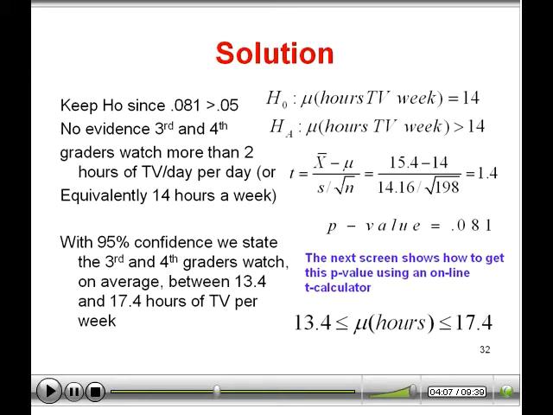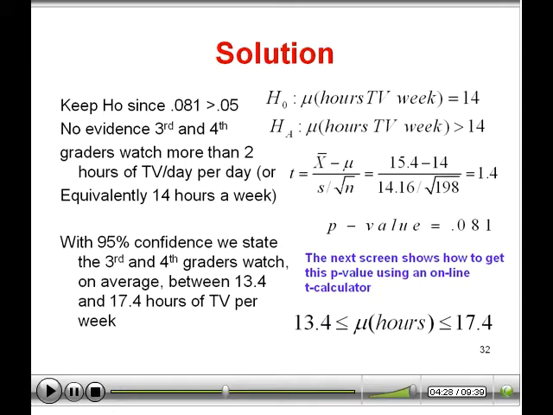Since 0.81 is not less than 0.05, we decide to fail to reject the null hypothesis. And we don't have any evidence from this study that third and fourth graders watch more than 2 hours of TV per day.